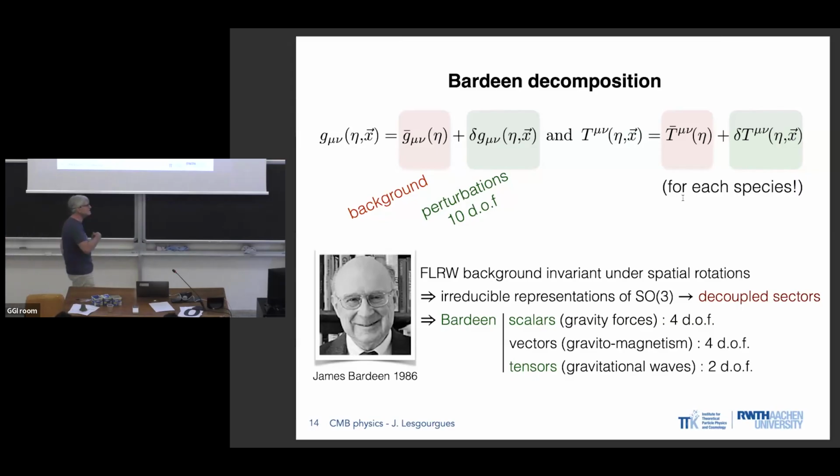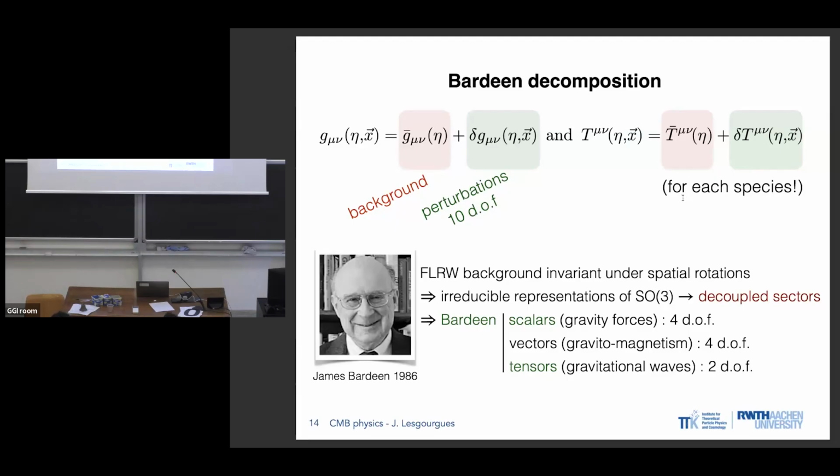And because of this, Bardeen has the intuition and is able to prove mathematically that the perturbations can be classified in 3 sectors which decouple at linear order in perturbation theory. The sectors of scalar, vector, and tensor perturbations, where the name refers to the way in which these quantities transform, not under Lorentz transformation, but under spatial rotation. So in particular, a vector here means a 3-vector, the usual vector.